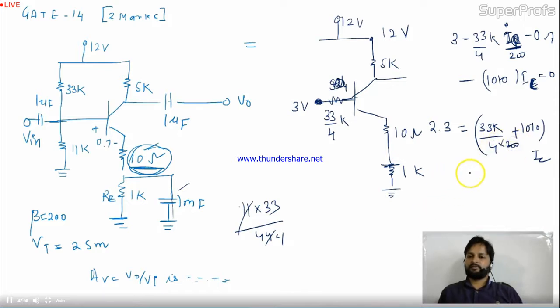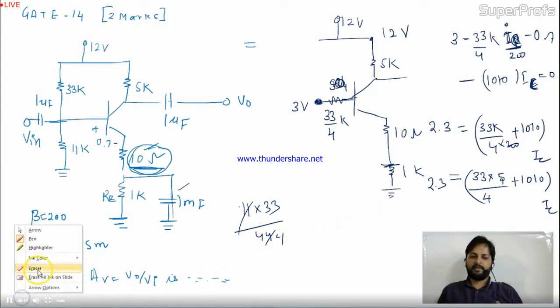Overall, 2.3 equals (33 into 5 divided by 4 plus 1010) of IC. Let me erase some part, then I'll solve it.